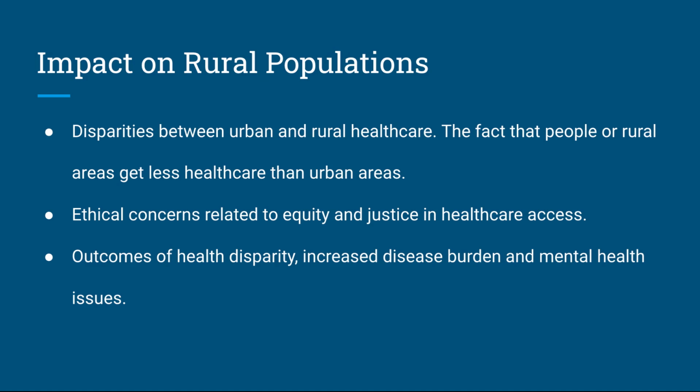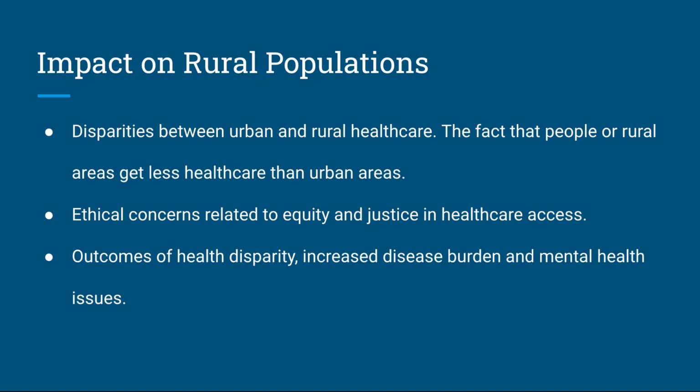The impact on rural populations. The impact of these ethical problems is particularly severe in rural areas, where patients often cannot afford to pay the bribes to get healthcare, which leads to a significant disparity between urban and rural healthcare outcomes.